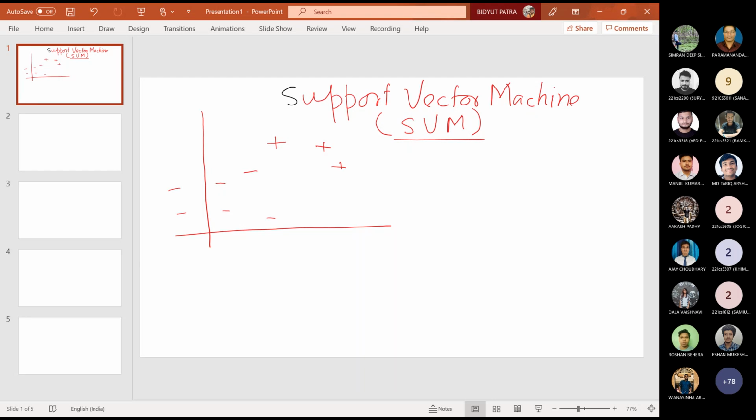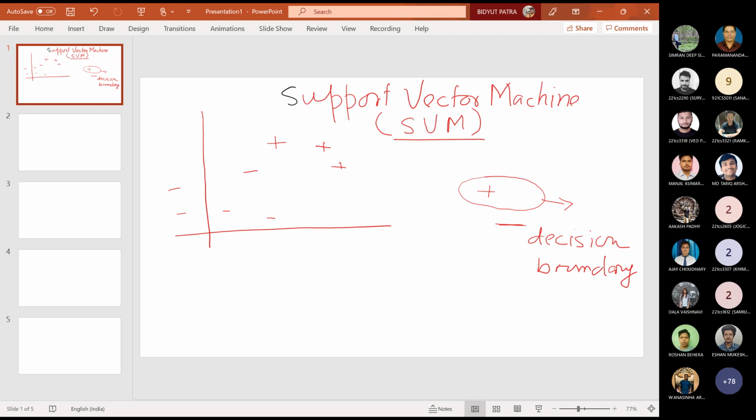So that if it is above or within the decision boundary, then it is, let's say, the positive class. Otherwise, outside the decision boundary, it is the negative class. So this is something called the decision boundary.